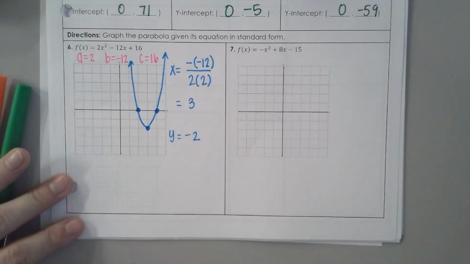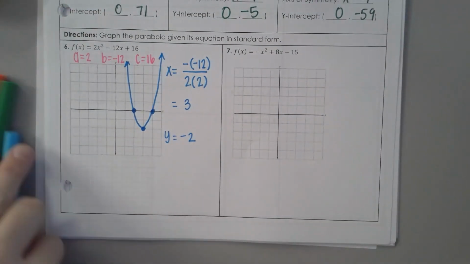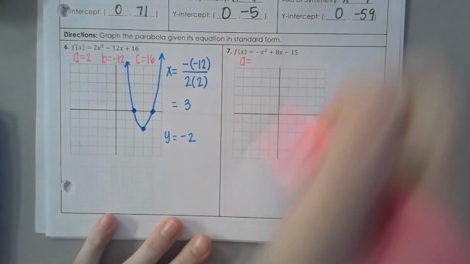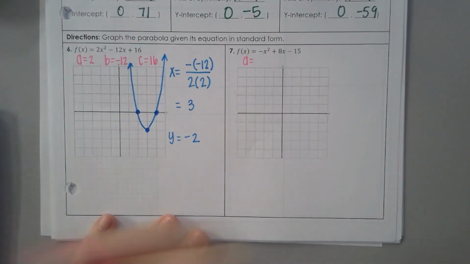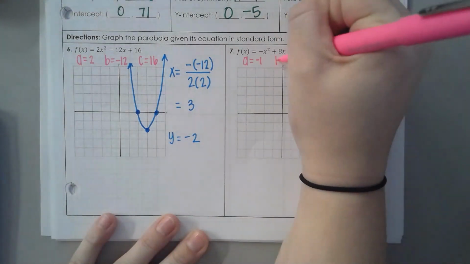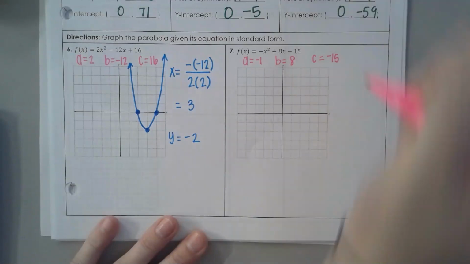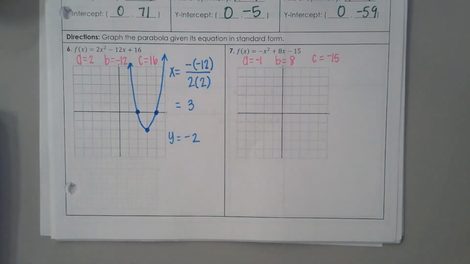Okay. Let's look at number 7. What is A? -1. B? 8. C? 15. Good.